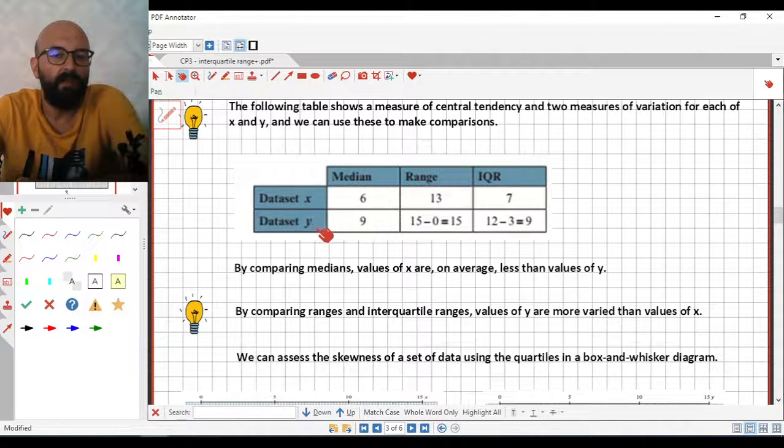So the range of dataset Y is bigger than the range of dataset X.